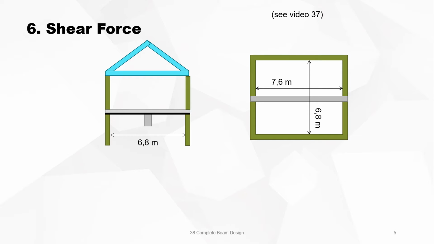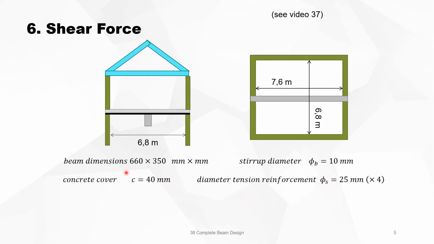In video 37, we started to give some dimensions to the beam, the center beam in the living room. We found that for strength, a beam of 660 times 350 millimeters will be okay.